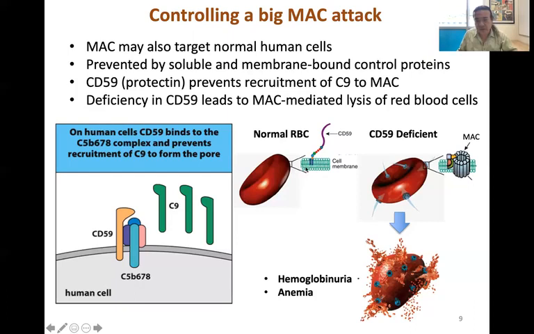Here's an example of a person who's born with some sort of deficiency in CD59. So in their red blood cells, if we were to zoom in on the surface, here's the cell membrane. Here the CD59 is drawn just as this funny sort of peptide chain. I know it looks quite a bit different than the orange cartoon over here, but again, it's a nice reminder, right? These are just cartoons, and depending upon who drew these cartoons, things can look really different. But the point is, people who are born deficient in CD59, the red blood cells are targeted by the membrane attack complex of their own immune system, resulting in destruction of large numbers of red blood cells.